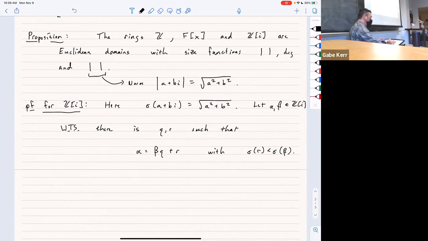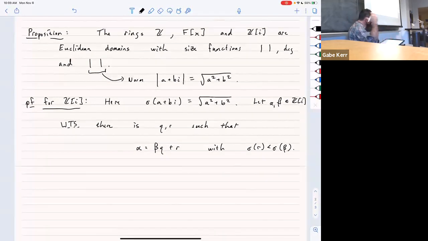So what we do, let's be ring theorists for a second. Let's look at ideals. Consider the principal ideal generated by beta.